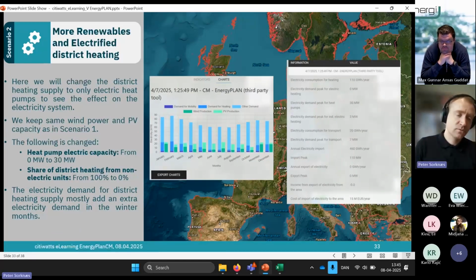If we then try to look at a different one where we keep the reference and keep the renewables, and then we say, well, what happens if we try to electrify our district heating system? Here I just added a sufficiently large electric heat pump to see what would happen. And you can see here that the electricity for heating comes here in a dark, in-between blue.